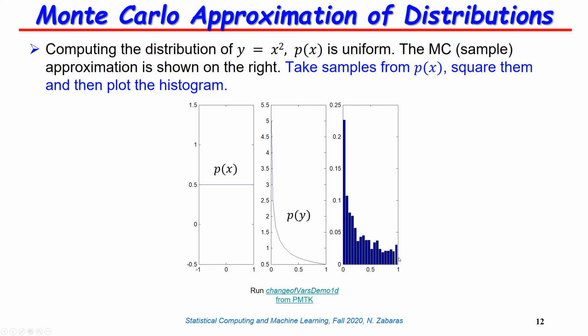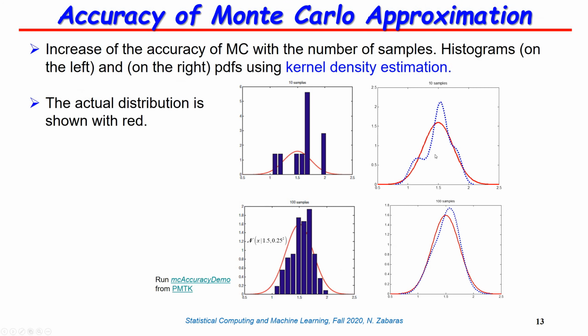So you can think of this as a Monte Carlo approximation for the distribution P of y. Again, take samples from a uniform distribution, square them, put them in a histogram form, and if you want, you can do what is called kernel density estimation. You can fit them with a nice smooth P of y, but what we see on the two pictures in the middle and the right are basically the distribution P of y produced through data.